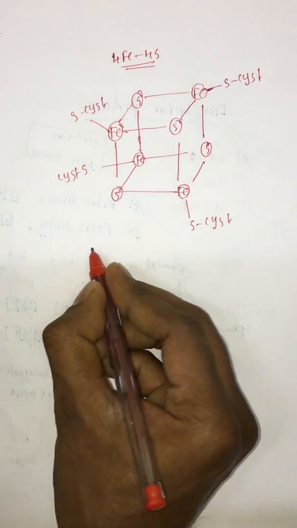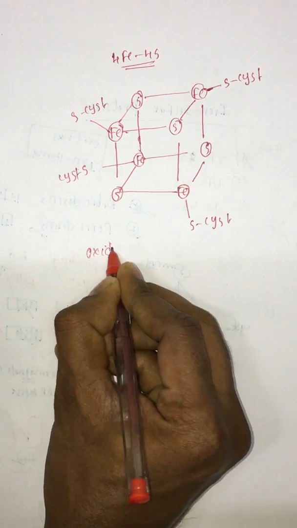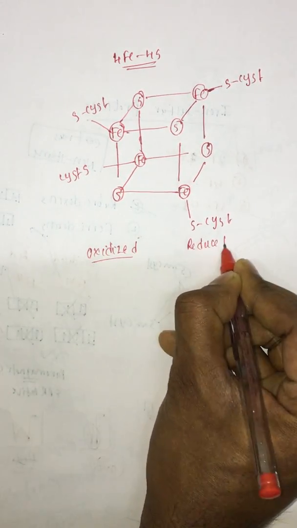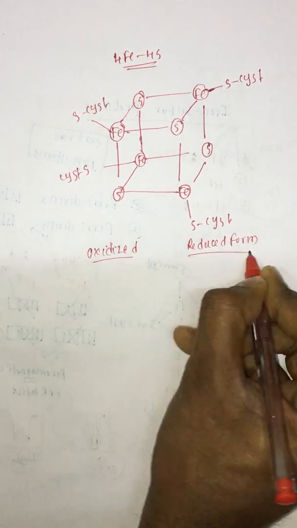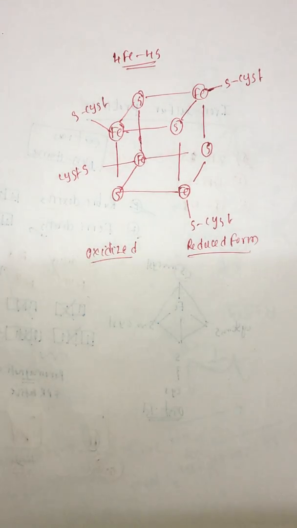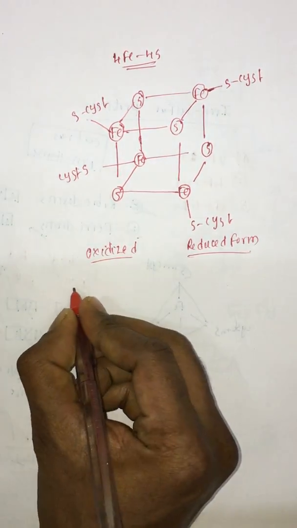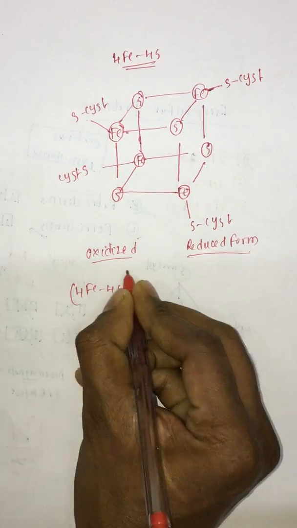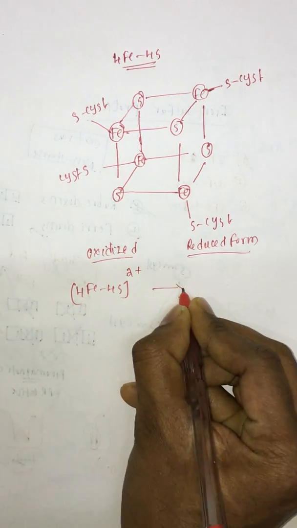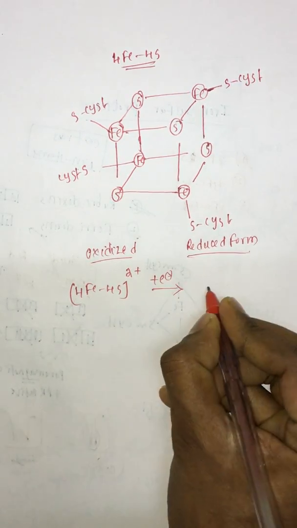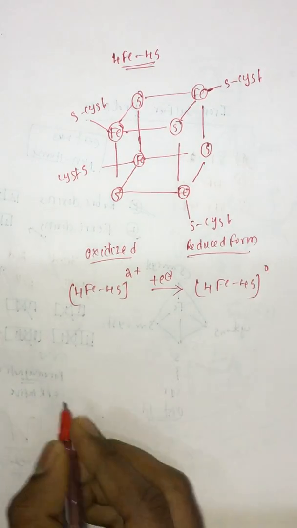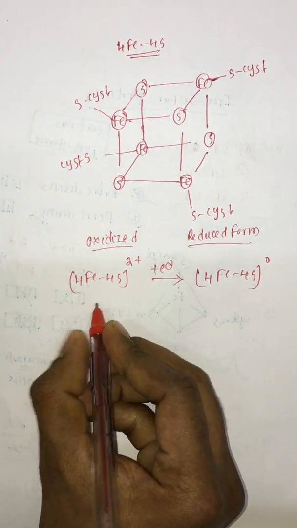So this is also present in two forms: oxidized form and reduced form. In oxidized form, 4Fe4S 2+, after taking one electron, it will get converted to 4Fe4S 0.